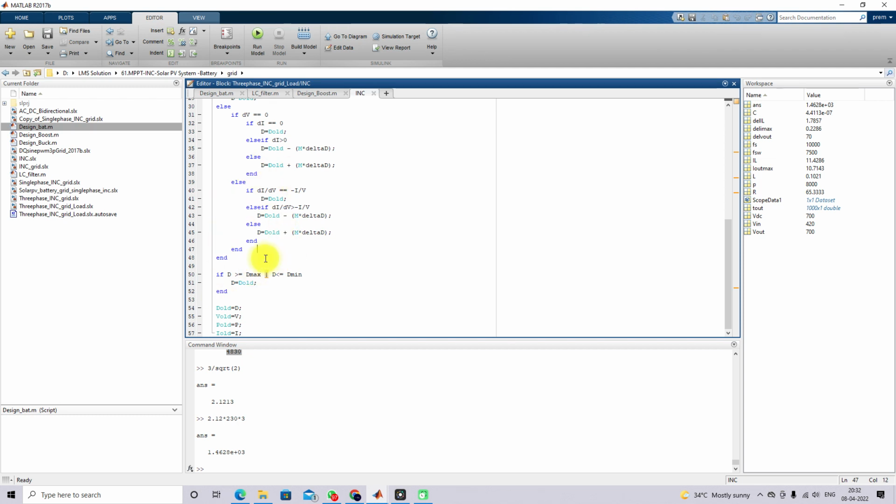This duty cycle is given to the PWM generator of the boost converter to extract the maximum power from the PV panel. After that, every iteration you override the old values, that means V old, P old, I old. This keeps on executing in order to get the maximum power from the PV panel.